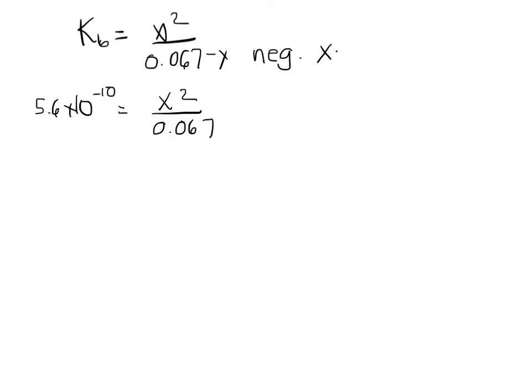Okay, so I think this is where we were on the last slide. Kb equals x squared over 0.067 minus x. We're going to neglect x and come up with this equation right here. From here, we cross multiply: 3.75 times 10 to the negative 11 is going to equal x squared. Let me just double check to make sure.